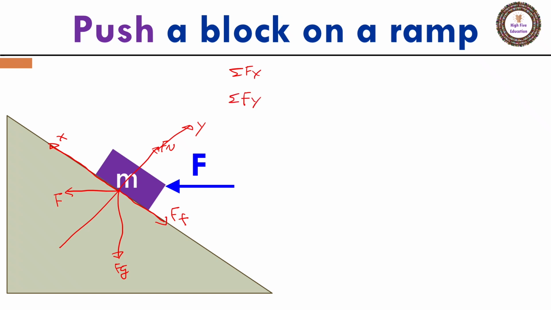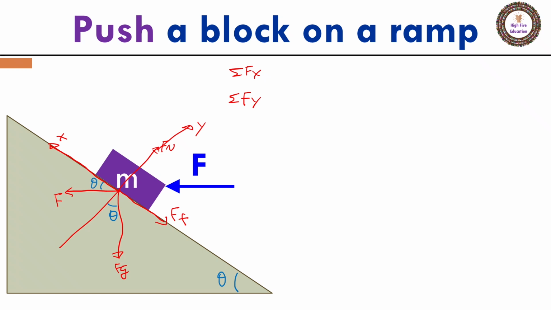But before I do that, I want to know the relationship between angles. So if this angle here is theta, we know this angle would be theta too. And because this force is applied horizontally, that means this force direction is parallel to the horizontal direction. That means this angle here is also theta.